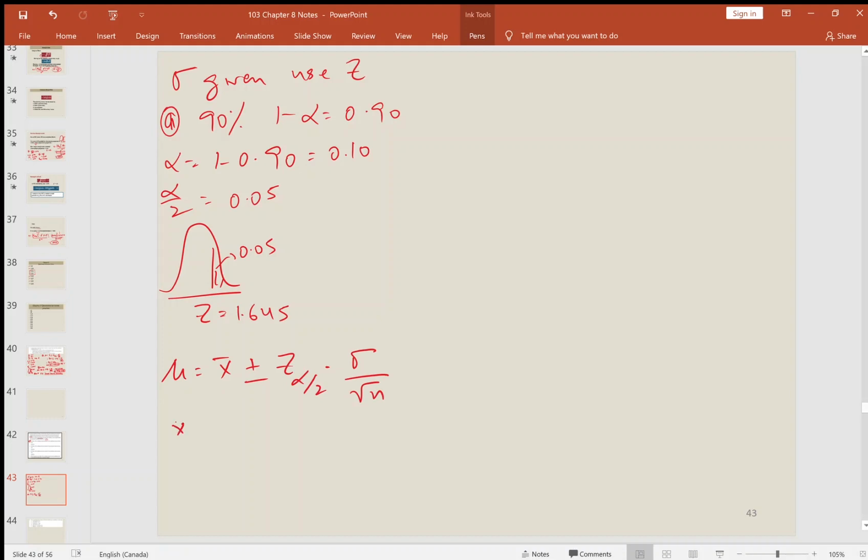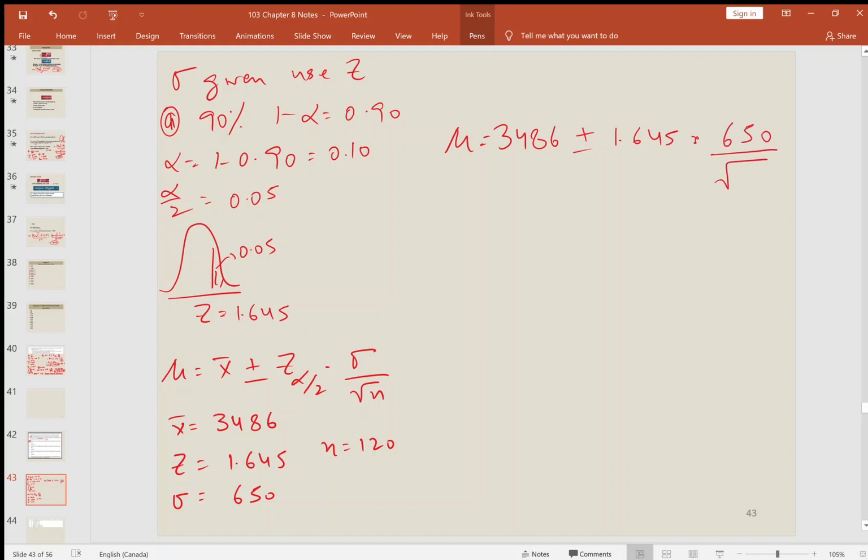So x bar is $3486. Z we just found to be 1.645. Sigma, the population standard deviation, was $650, and n, your sample size, is 120. So mu is equal to 3486 plus or minus 1.645 times 650 divided by square root of 120.